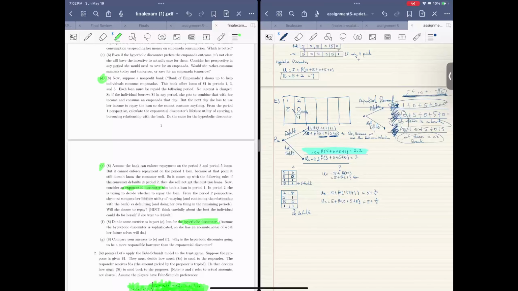So this is period 1. This whole thing is period 1. So period 1 goes away. So yeah, this person will likely default because he can get 1 more utility from defaulting.